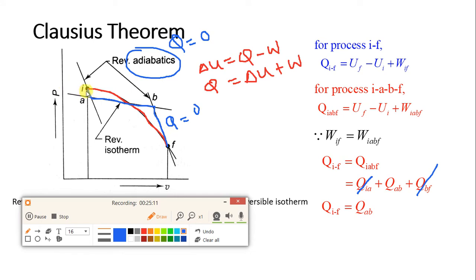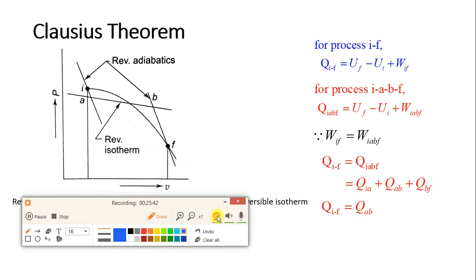When you replace a reversible curve by this reversible zigzag, that is reversible adiabatic, reversible isothermal and reversible adiabatic, what you will find is that heat transfer during IF is equal to heat transfer only during AB. What is this AB? Reversible isotherm.